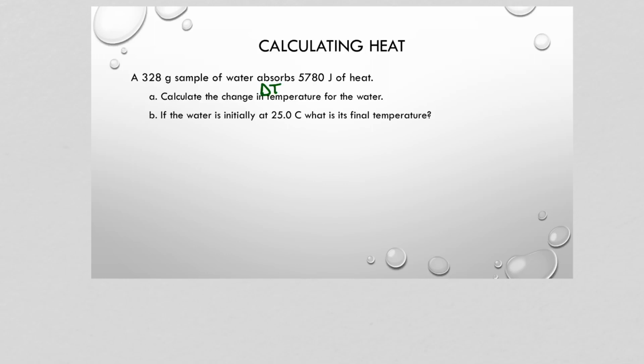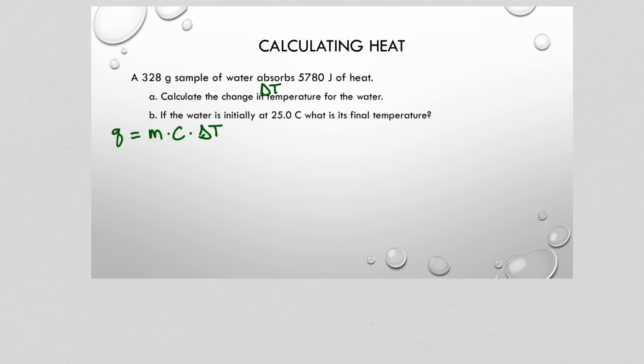So if we look at our equation, remember, our equation is Q equals mass times specific heat times delta T. So we have delta T we want to solve for.